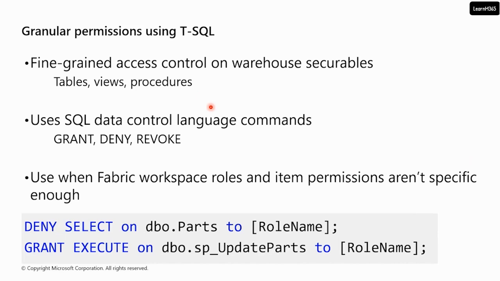We can have stored procedure and function permissions, and row level security is there. So all these are the more granular permissions which we can provide. These are some more SQL granular permissions which we can configure using T-SQL.